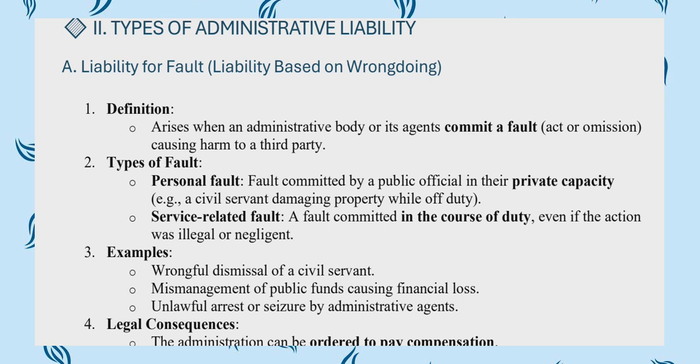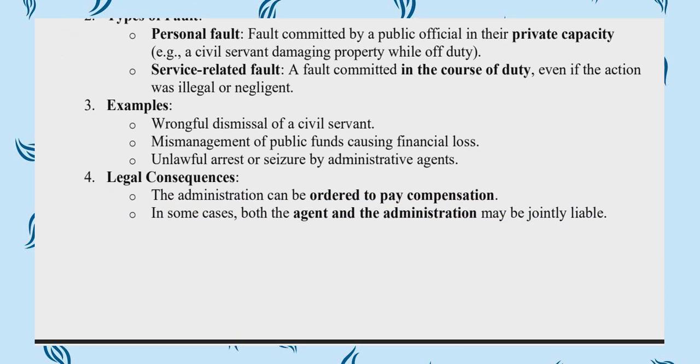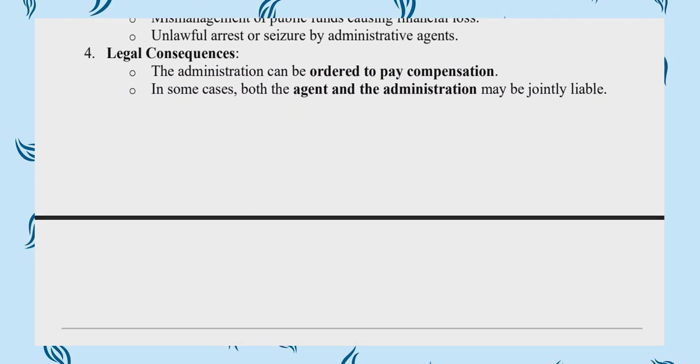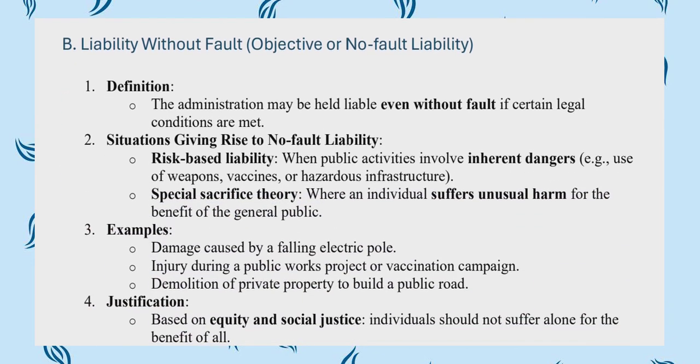So that's the point. We are talking about liability due to a fault when the administrator is in the wrong, and then as a result, you that have suffered prejudice should be compensated.